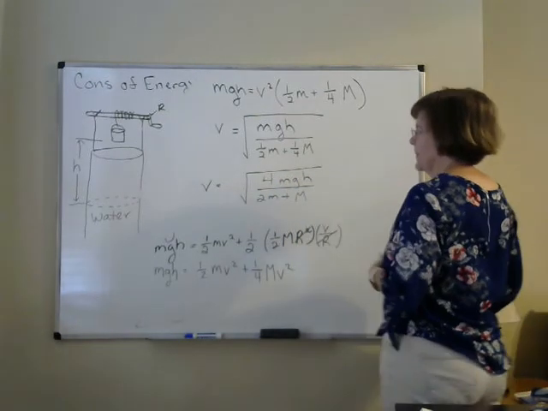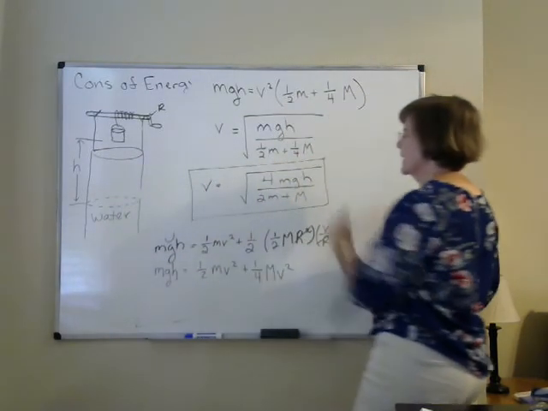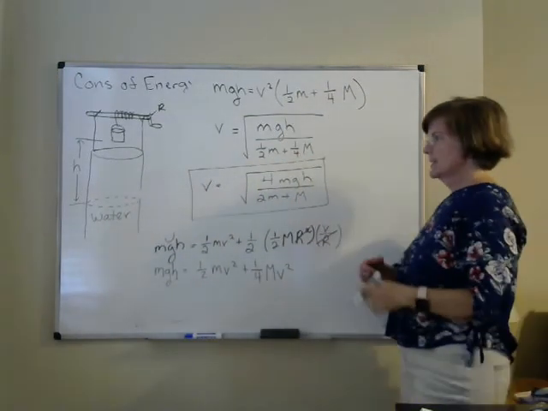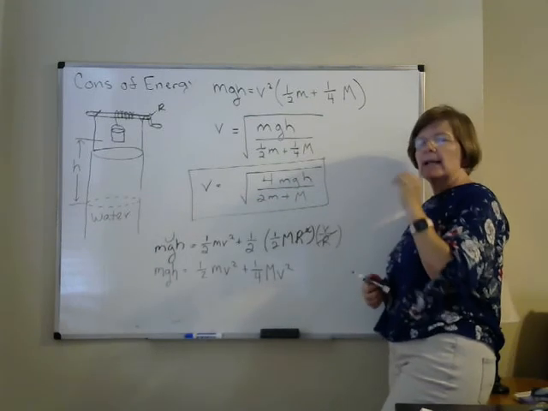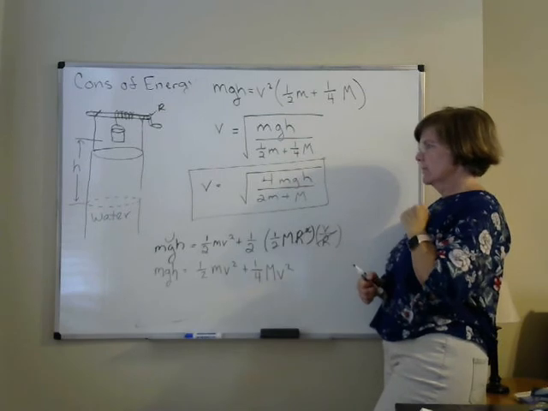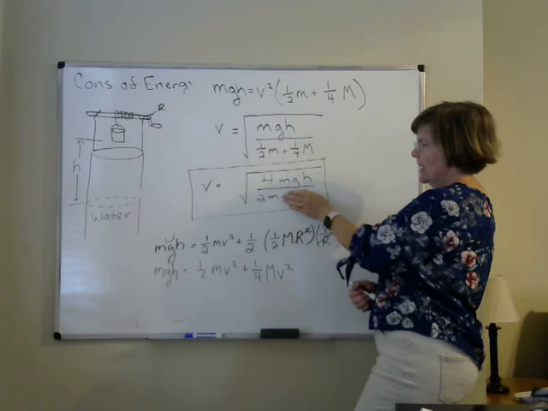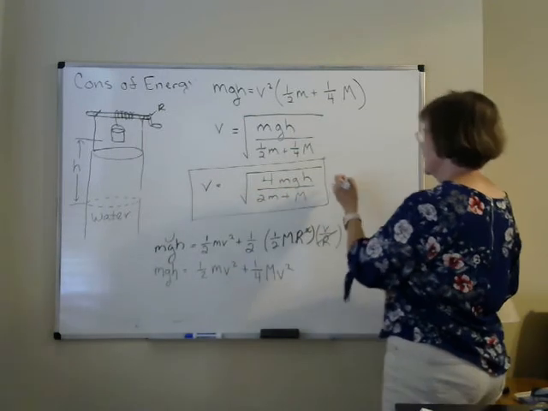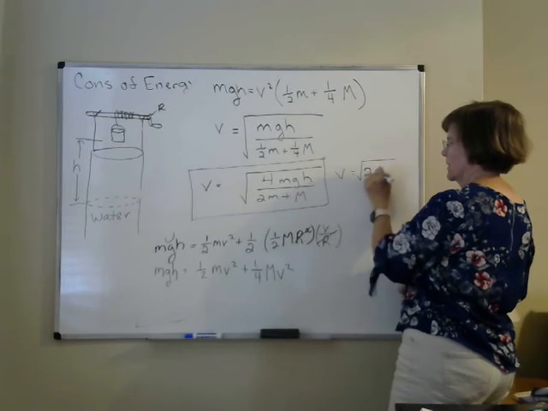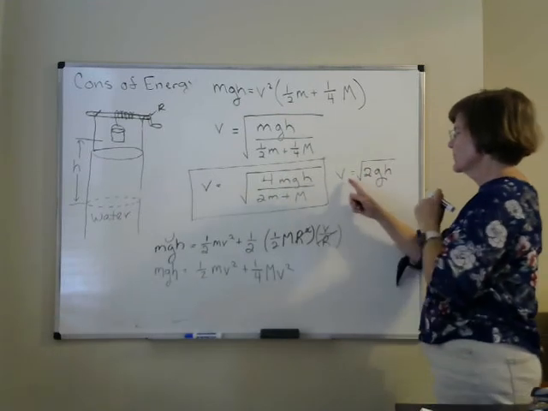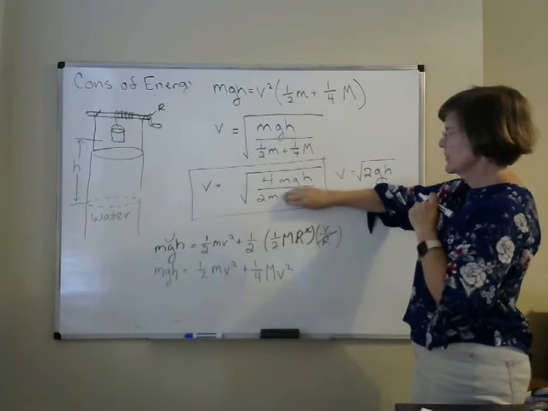All right, it's always good to stop and think about whether or not this makes any sense. If the rod had a mass of 0, this went away. This will turn into V equal to the square root of 2gh, because if this was 0, I could divide by 2.